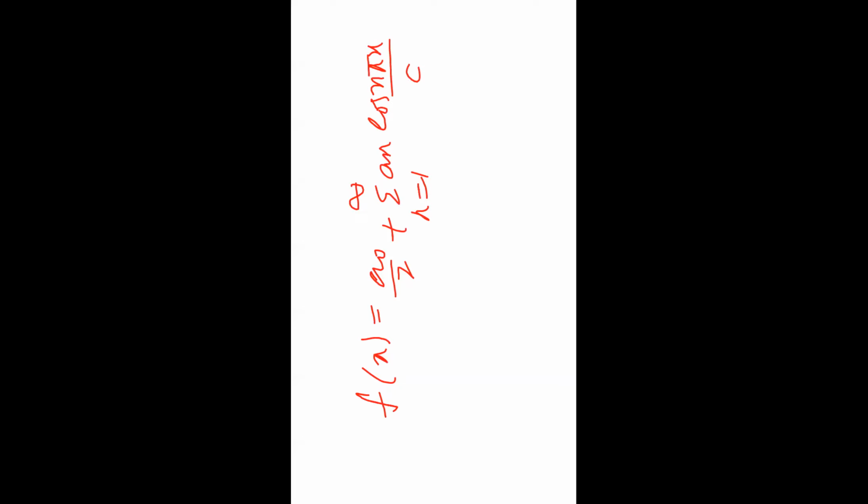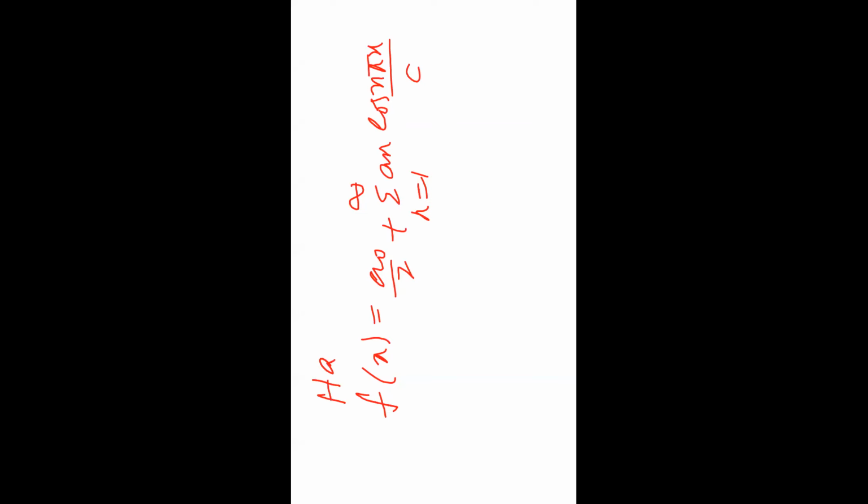So here replace l by c. Cos n pi x by c is the half range cosine series.